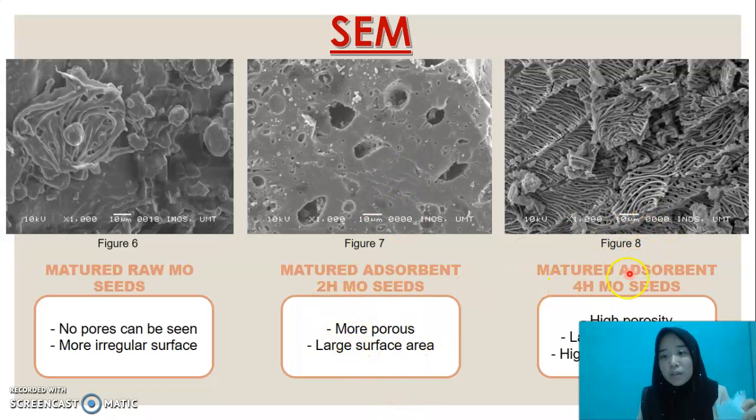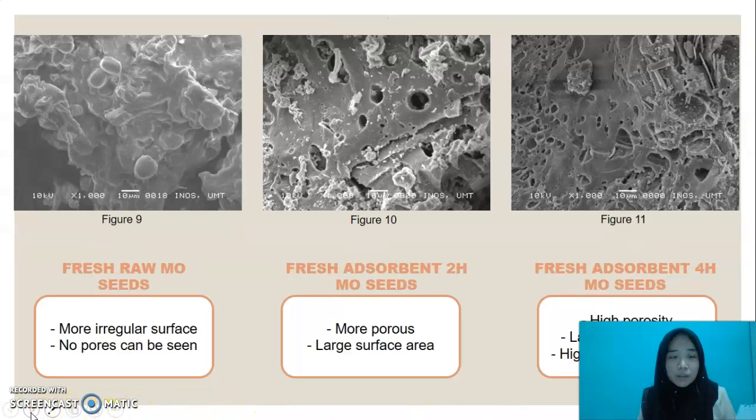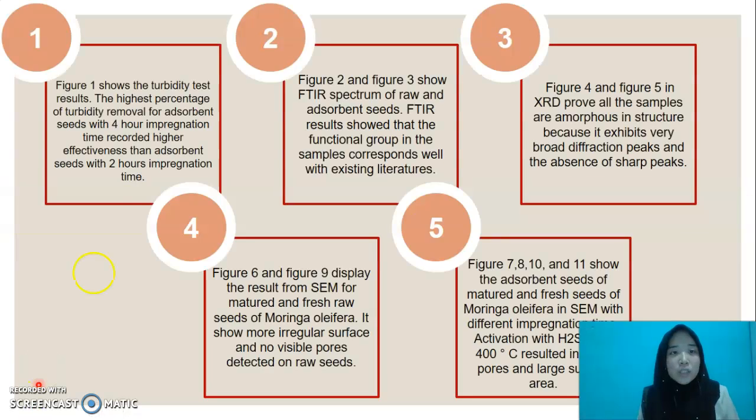And after we increase the impregnation time, it has the high porosity and larger surface area and high rate of adsorption. This is the same as the matured one, which we can see that the fresh has high porosity and larger surface area.